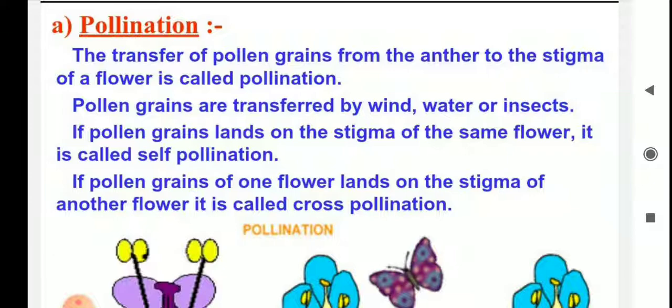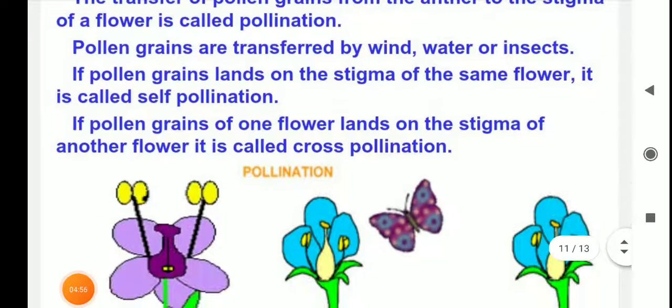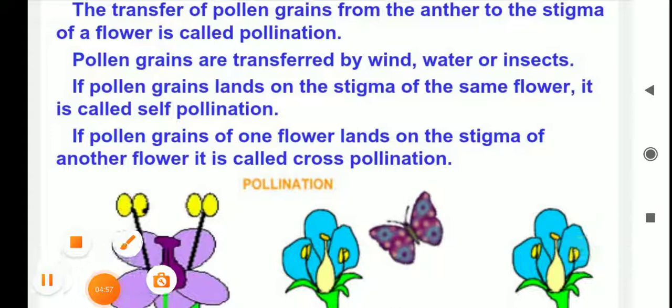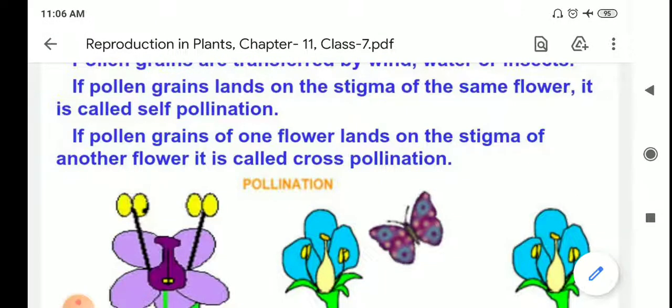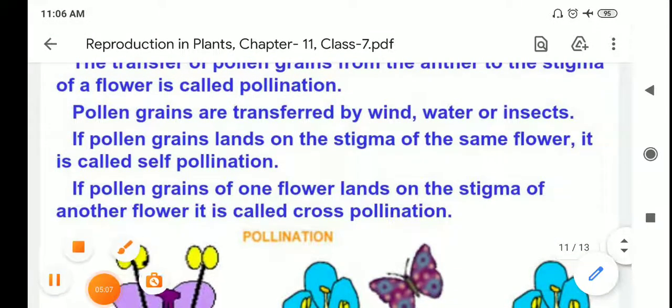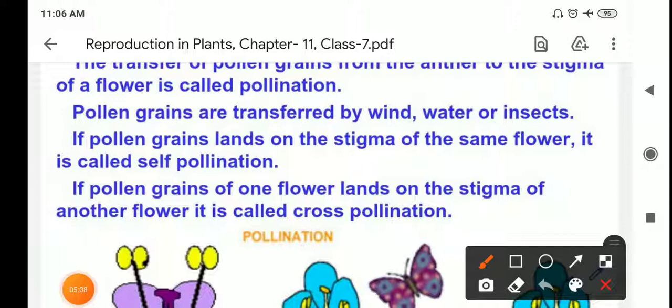And if pollen grains land on a stigma of the same flower, okay, this you need to understand. Pollen grains are transferred by wind, water and insects, from anther to stigma. Understand these terms.